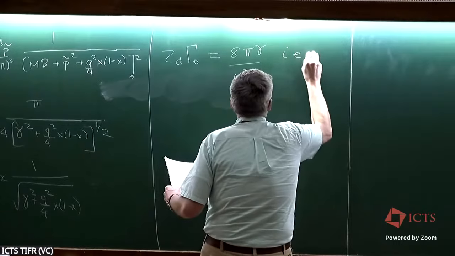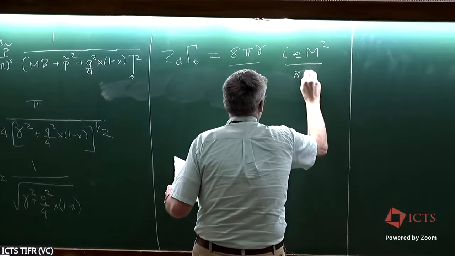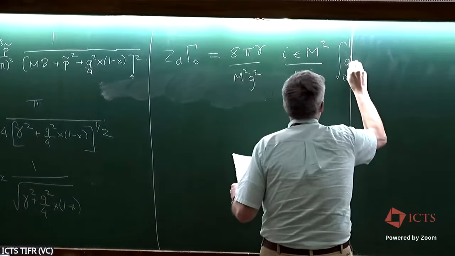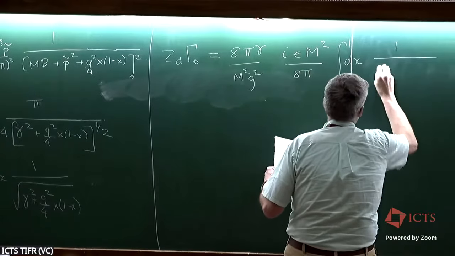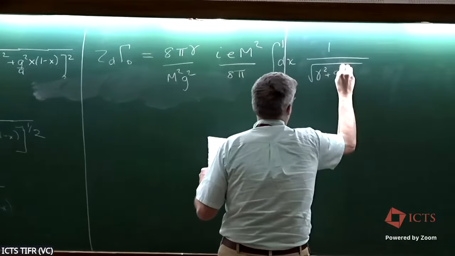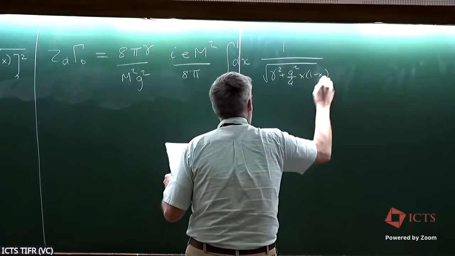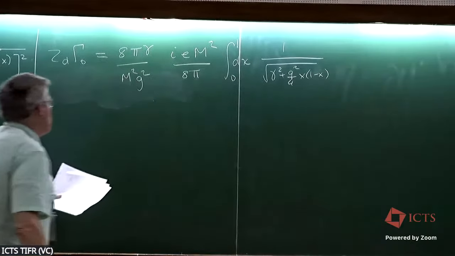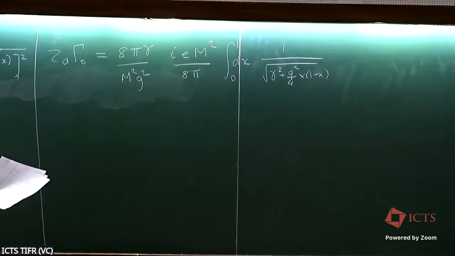And then I have IE m squared over 8 pi times my integral. Did I miss g squared somewhere?